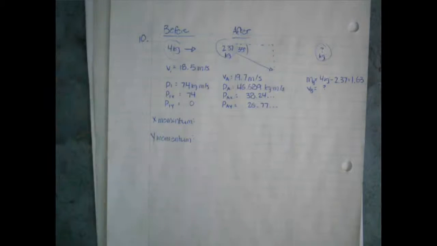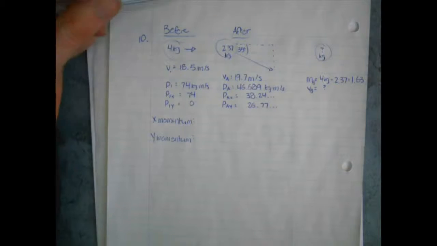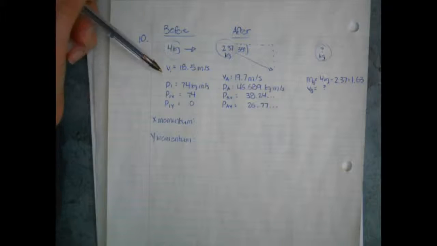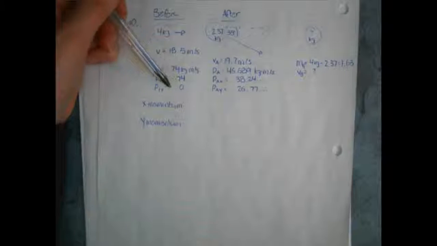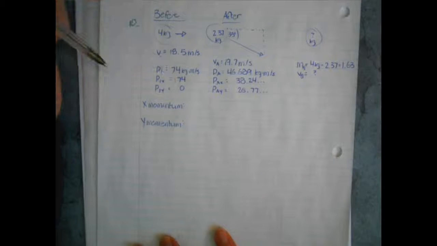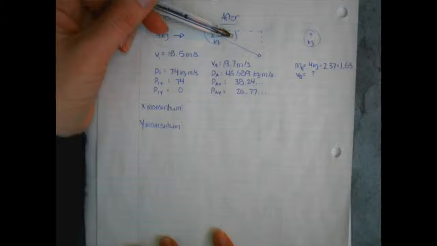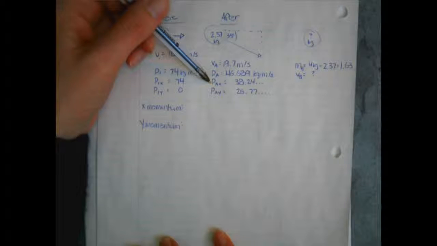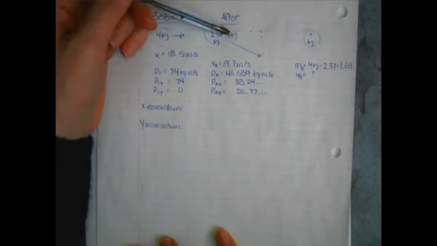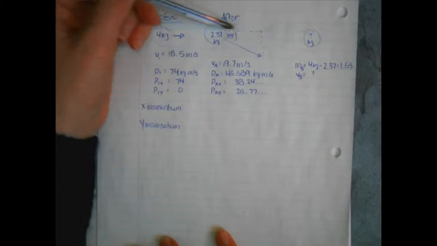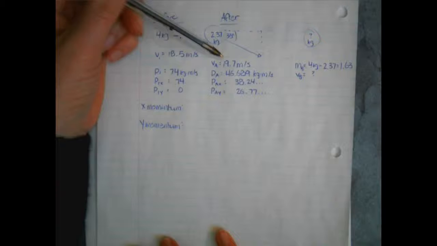Now, first step for all of these questions should always be breaking into x and y. So because our first component is only moving east, we have an x component of positive 74, and our y component is 0. When we look at the after scenario here, I just used my sine and cosine through trig to solve for the adjacent side, which is x, and the opposite side, which is y.